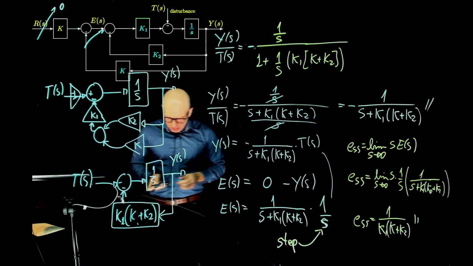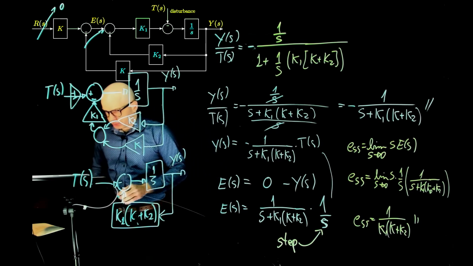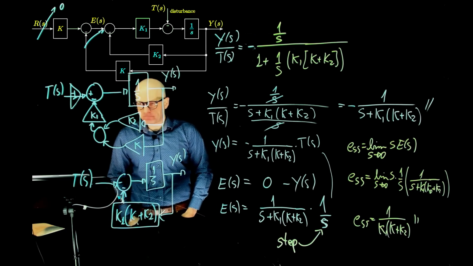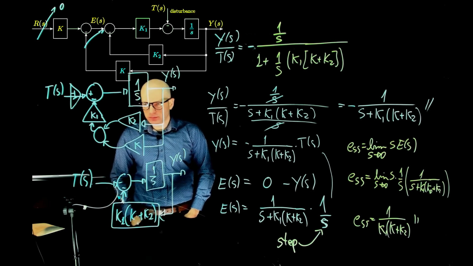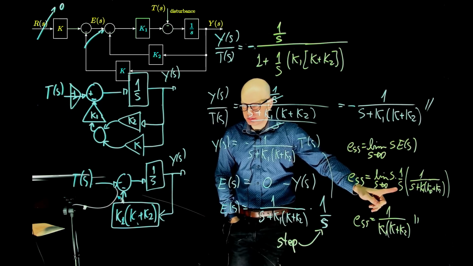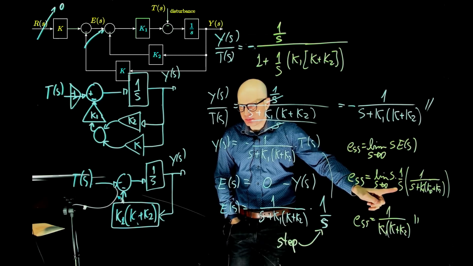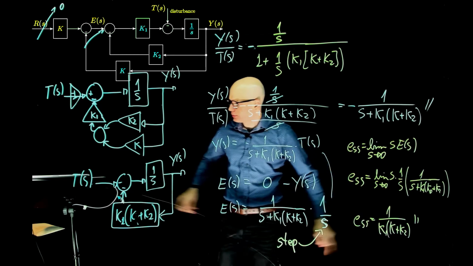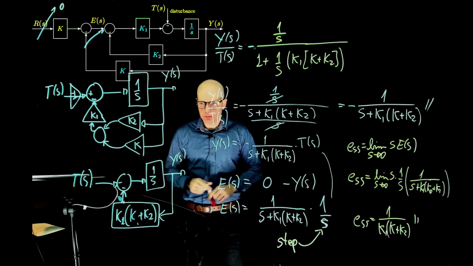If we had a ramp, what would have been the error? This would become 1 over s squared. Would it be 0? It would be infinity. Yeah, it would be infinity because there is an s, and in the bottom it should be 1 over 0.